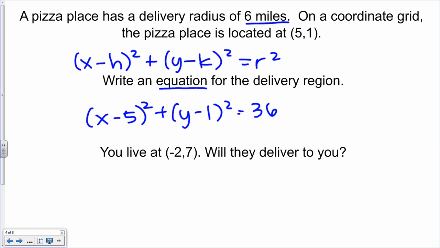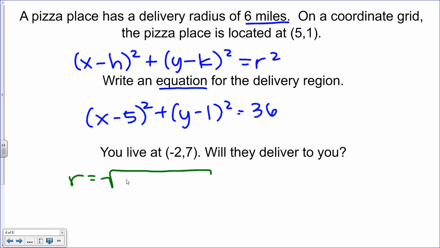If you want to figure out if they will deliver to you, you can do it a couple of different ways. One thing you can do is just figure out the distance from you to the pizza place and see if that is within their radius of 6. So if we do it that way, you're figuring out the radius between you and the delivery place, the distance.